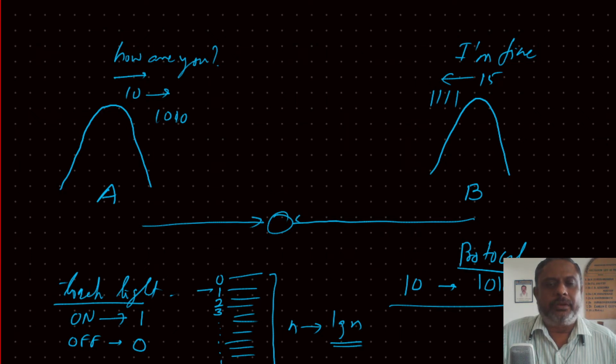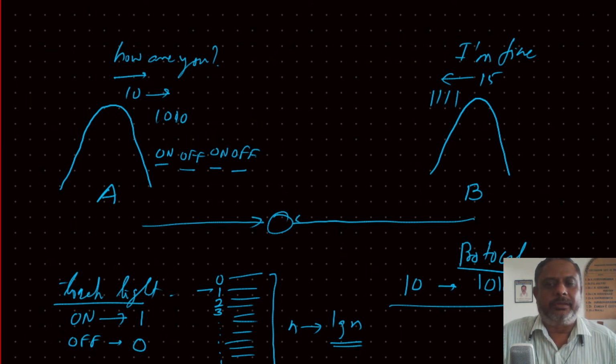Now, how does the communication take place? Person A wants to ask the question, how are you? How are you has a code 10, and 10 means 1010. So he will switch on the torch for some time, then switch it off for some time, then switch on again, switch off again: on, off, on, off.